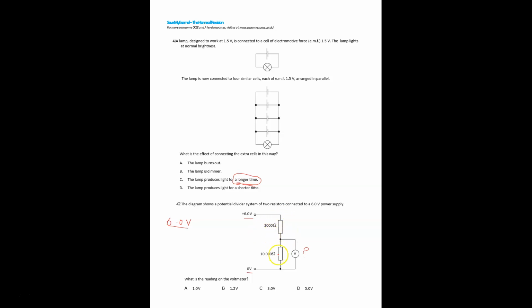First you add these two resistors. Since it is connected in series, total resistance 10,000 plus 2,000 is 12,000 ohms. We take the total voltage, how much? 6 volt.